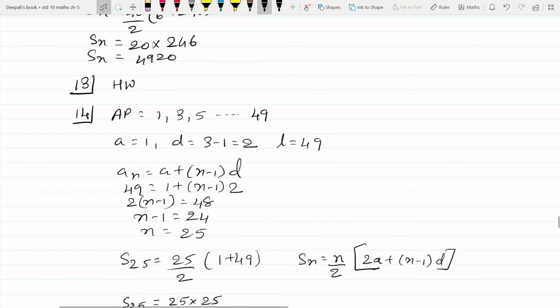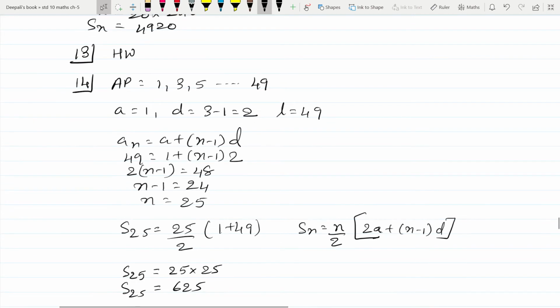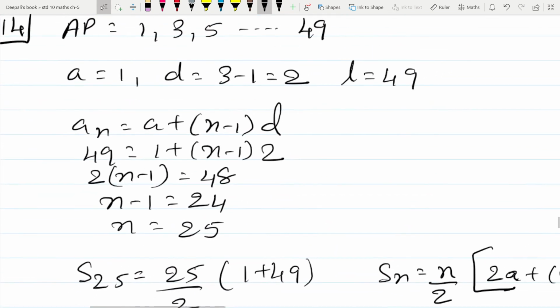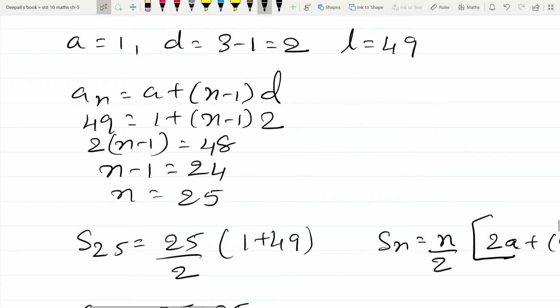Number 14, AP is 1, 3, 5 till 49. A is equal to 1, D is equal to 3 minus 1, that is 2, and L is 49. So An is equal to A plus n minus 1 into D. So 49 is equal to 1 plus n minus 1 into 2. So 2n minus 1 is equal to 48... n minus 1 is 24 and n is 25.